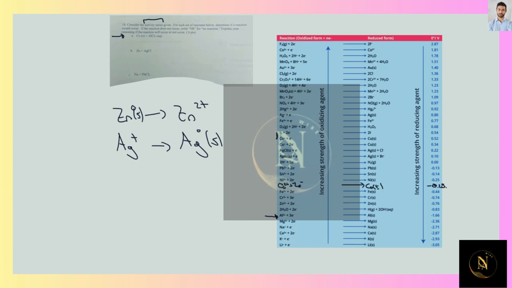So in this case, what we can see on the potentials is that for the reduction reaction of silver, we can look at the species in aqueous media, which corresponds to this part over here, and it is going to have a potential of 0.80 electron volts.